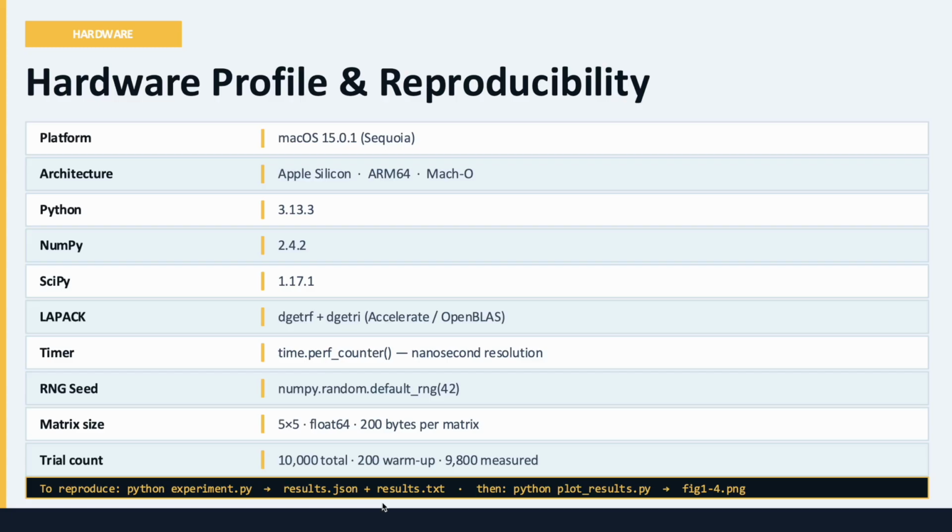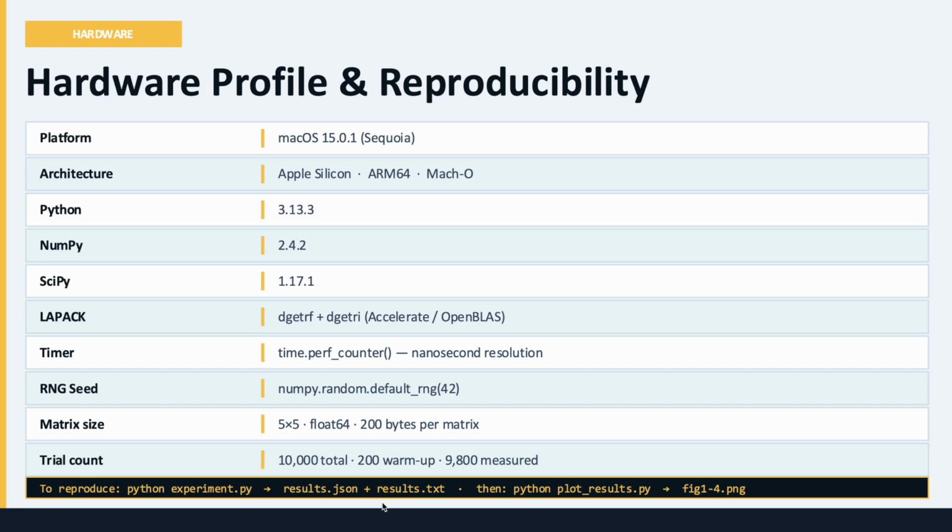I want to be clear about the hardware and the software environment that I used for this experiment, because benchmark results are always platform specific and you get different results based on different kinds of platforms and software. The measurements that I presented were taken on my Mac using OS 15.0.1 with an Apple Silicon chip, a specific M series chip.